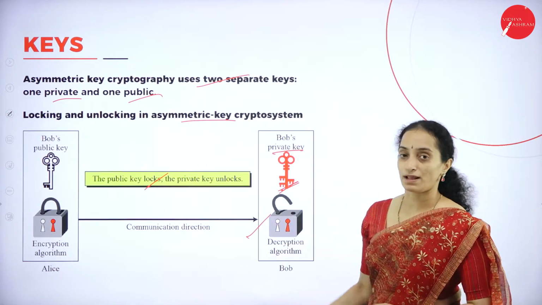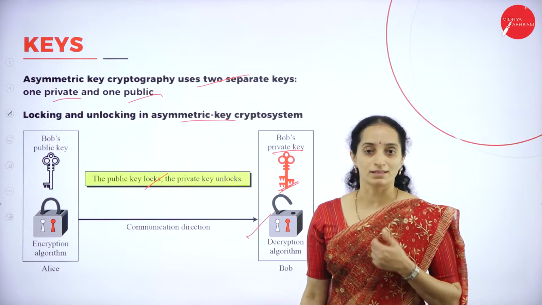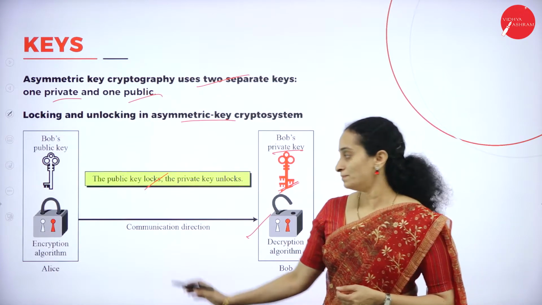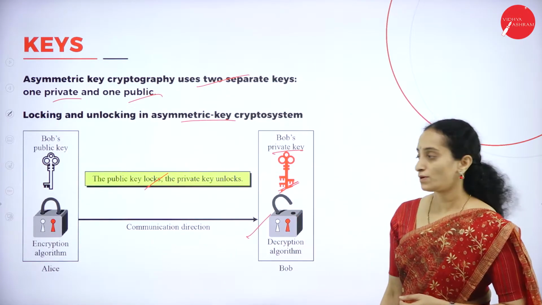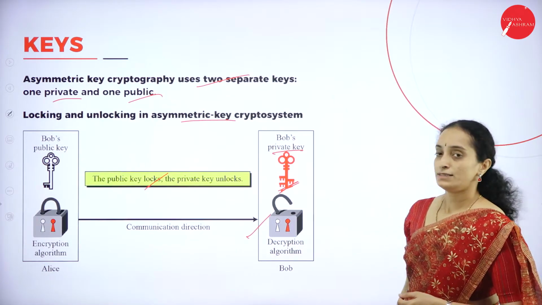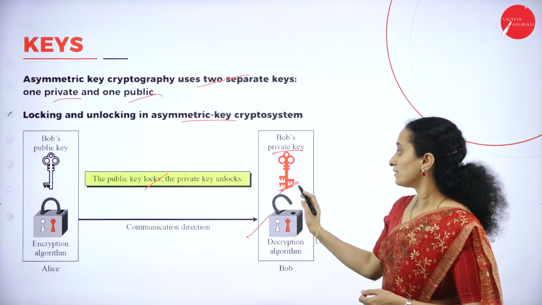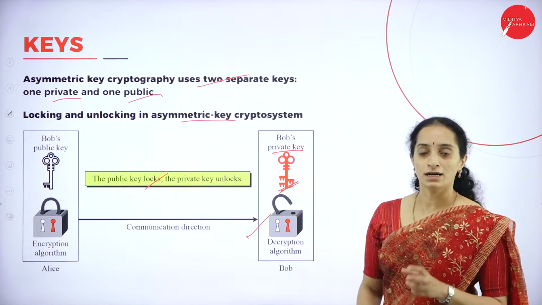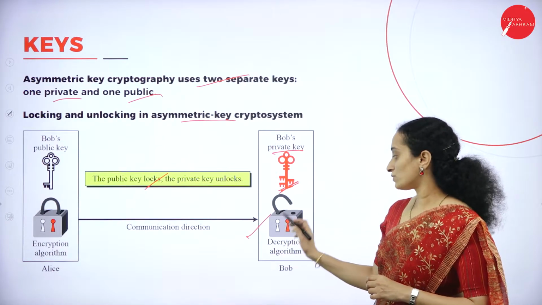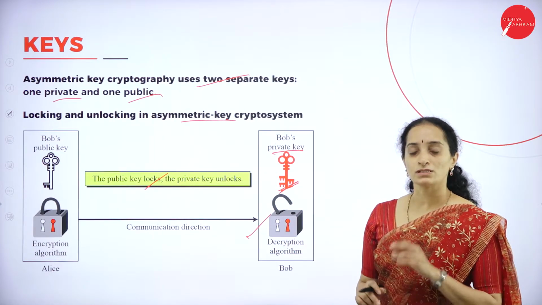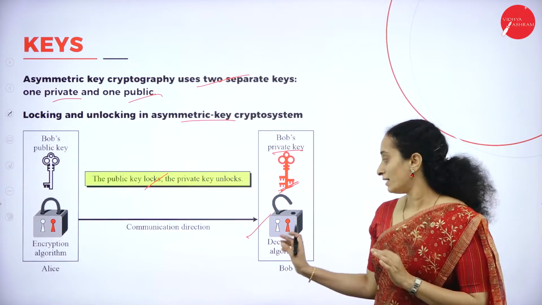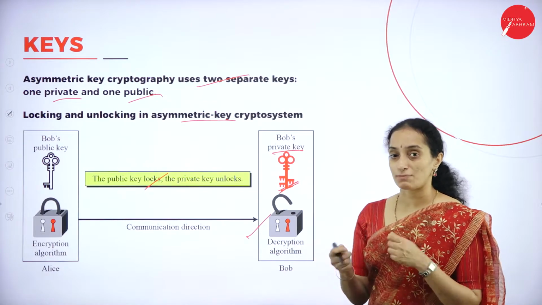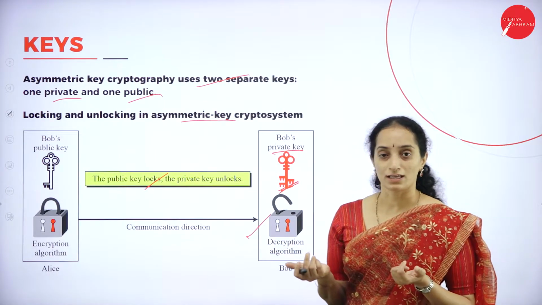Receiver uses the private key to unlock the message sent by the sender. Okay, the decryption algorithm will use both the public and private key to unlock the message. The receiver uses both private and public key in general to unlock a box. Like we use double keys for locking and unlocking.